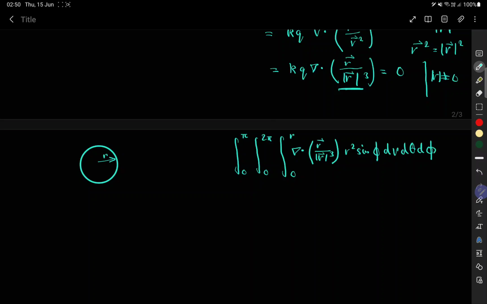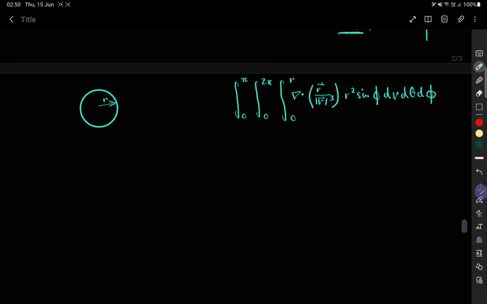This r squared sine phi is, by the way, just the Jacobian for spherical coordinates. It's just a standard thing.